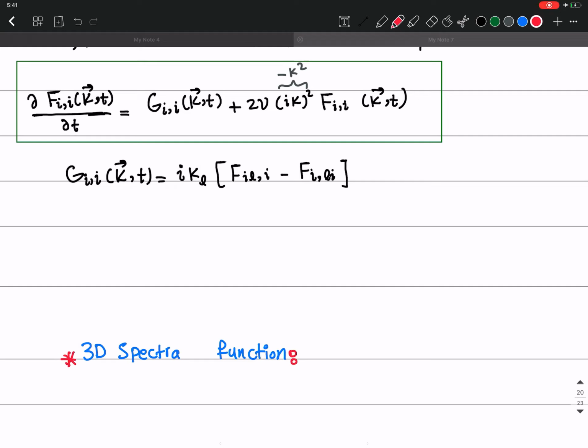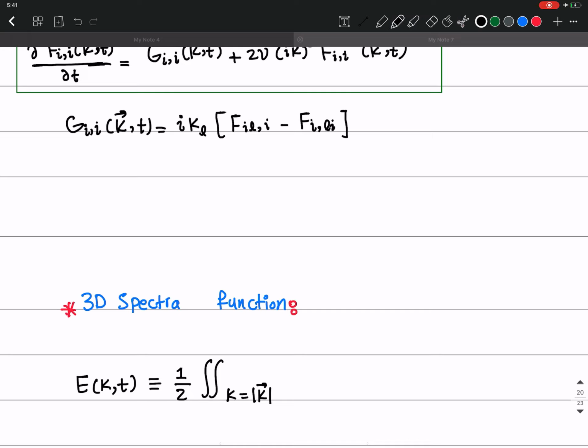The way we do this is by defining the 3D spectral function, which is defined as follows: E(k,t) is defined as 1/2 the integral over |k| = k of Fii(k,t) dSk.